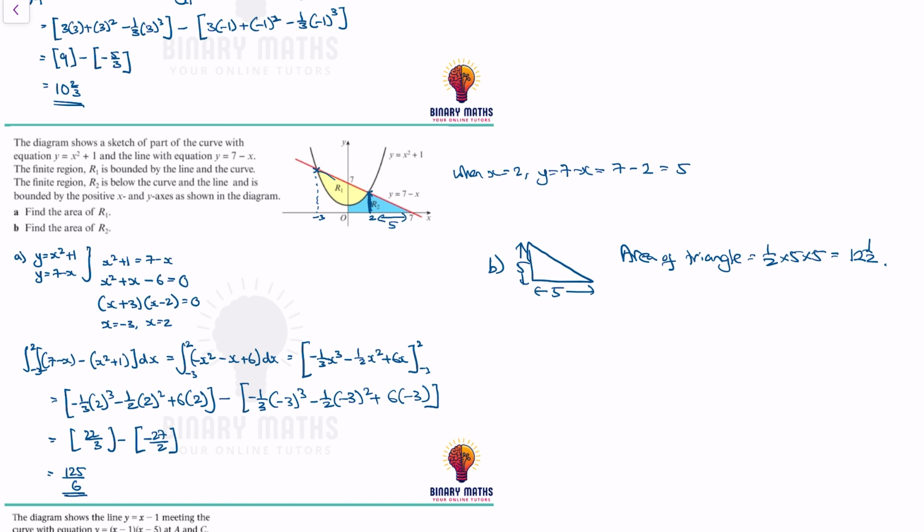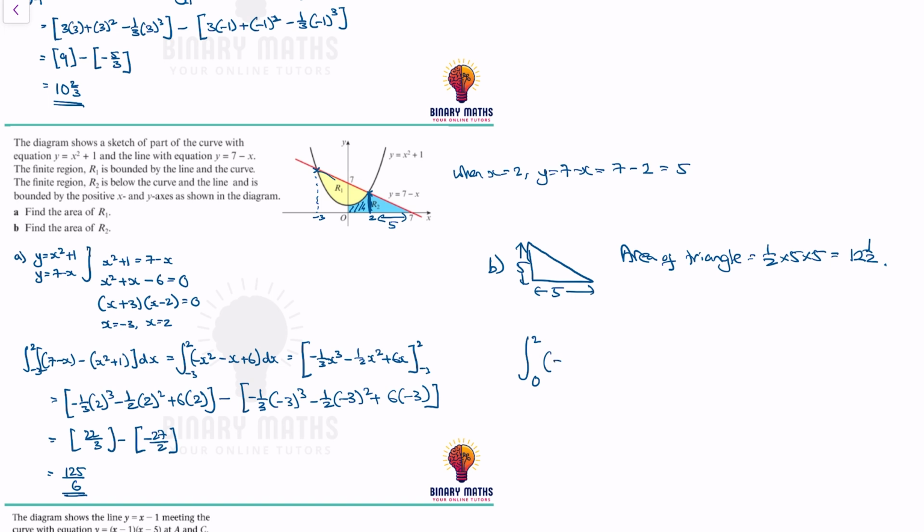Okay, now I need to next work out the integral. I've worked out the triangle, so the triangular part is done. Now I need to work out the area under the curve. This part, I'm just going to highlight it. That part I get by integrating between 2 and 0, the area under the curve.